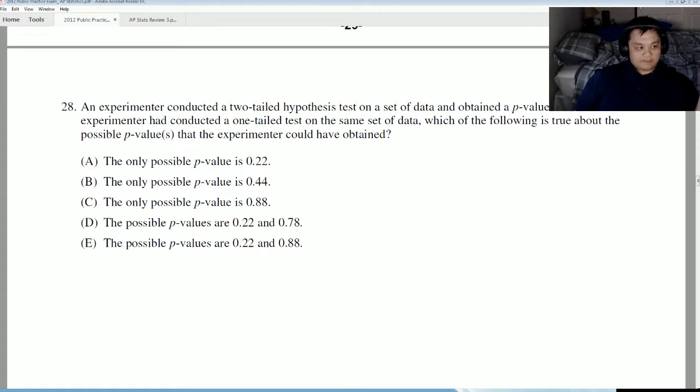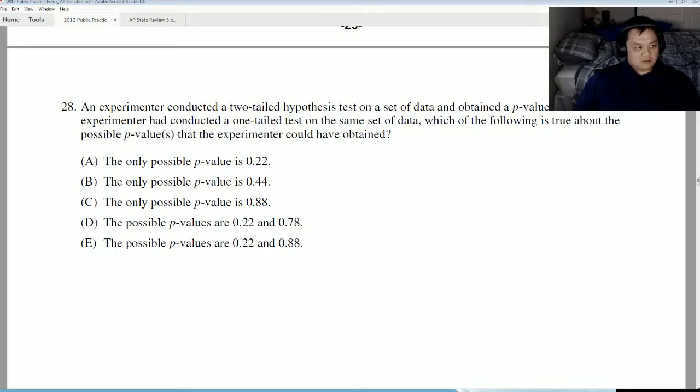Yep. But if it's one tail, it either has to be less than 0.22 or greater than 0.78.